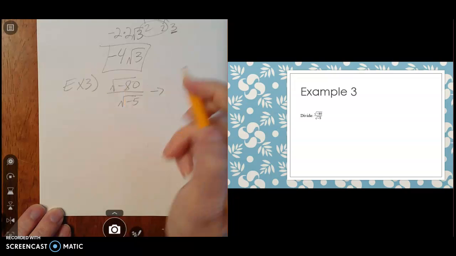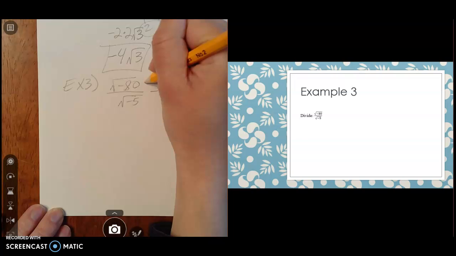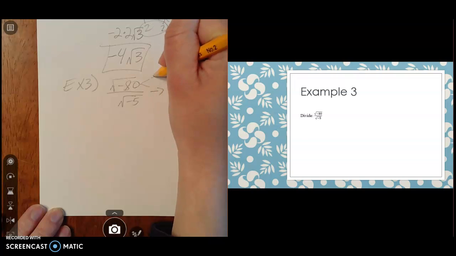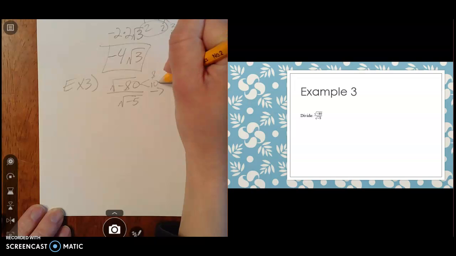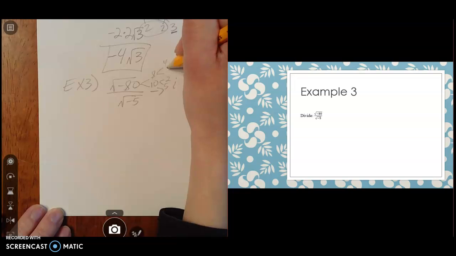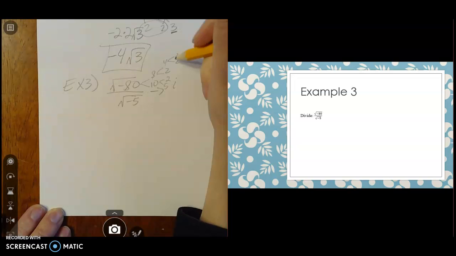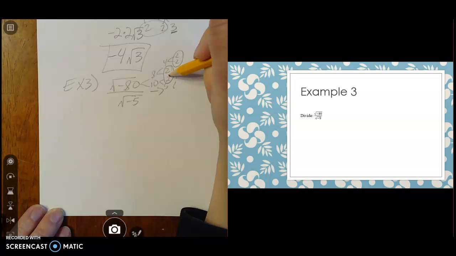So I've got a negative, so I'm going to have an i on the outside, and I can probably do something with the 80 too, can't I? 80 is, let's see, 8 times 10. 10 is 5 times 2. 8 is 4 times 2, and 4 is 2 times 2. Lots of little factor trees here. It's a square root, so I'm looking for sets of 2, little groups of 2. So I can take 2 groups of 2 out.